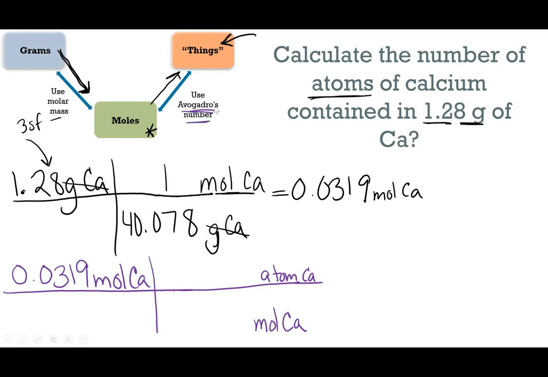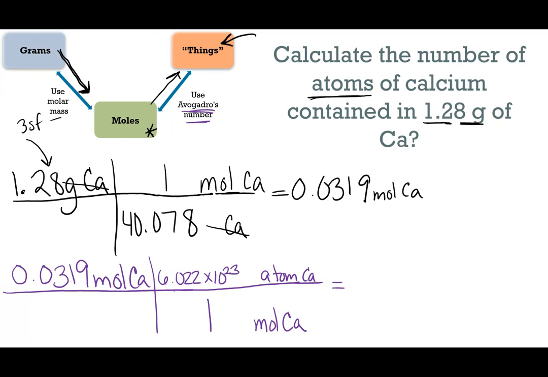The number 1 always goes with mole. For now, we'll just make that easy for ourselves. What is Avogadro's number? So what number goes with atoms? 6.022 times 10 to the 23rd. Okay.